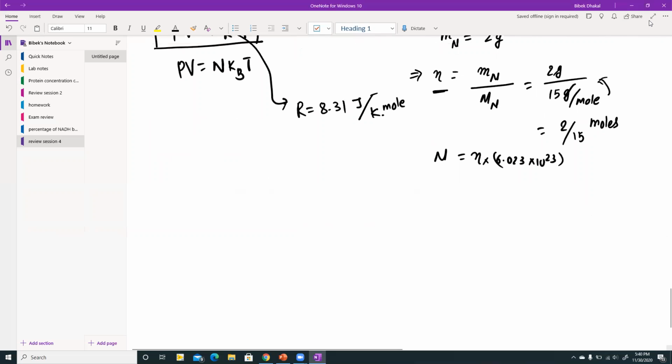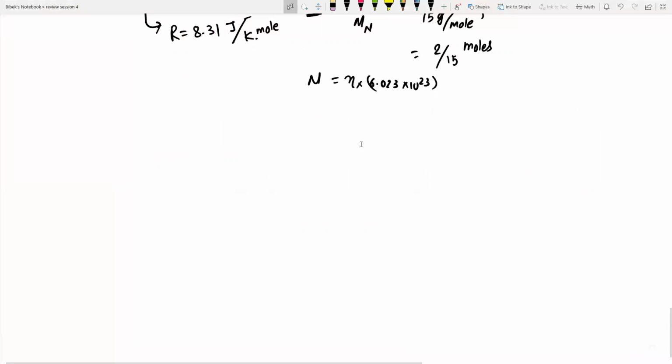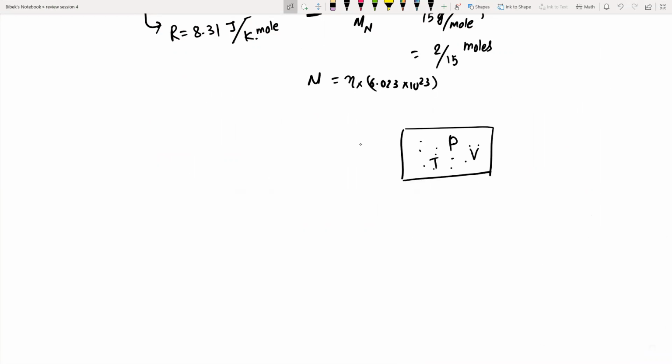Okay, so let me discuss another important thing. Imagine you have this similar kind of box that I described earlier, with some pressure, some volume, and some temperature, and somehow you increase the volume of the system.